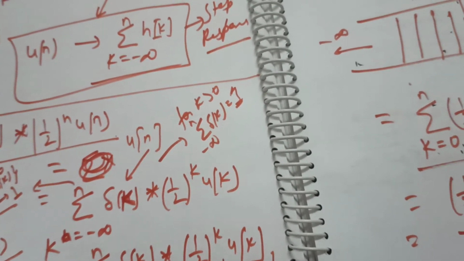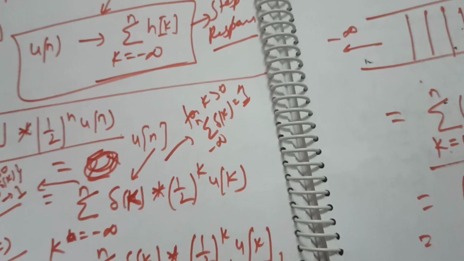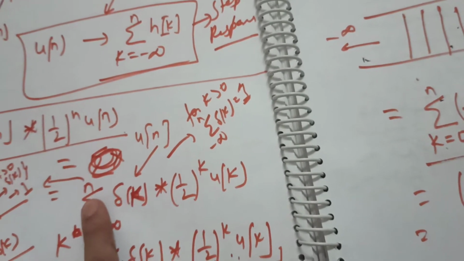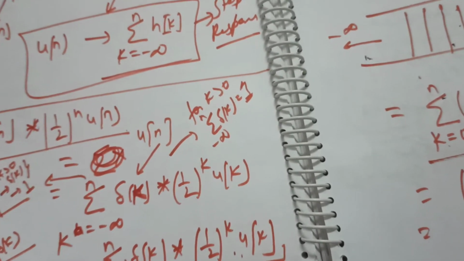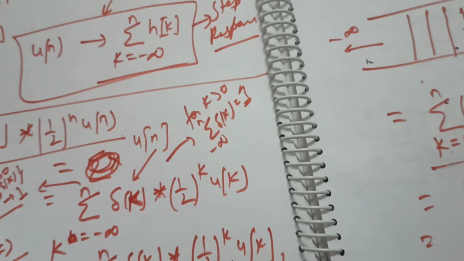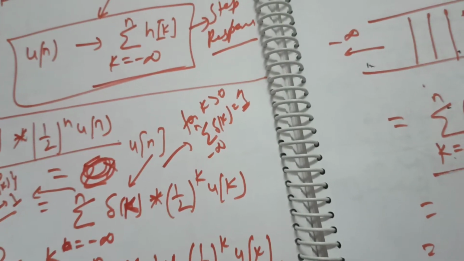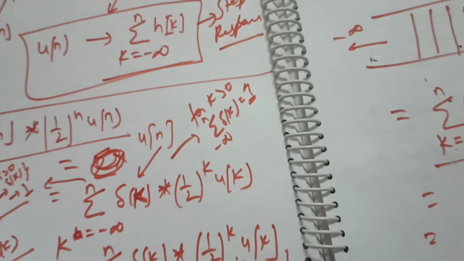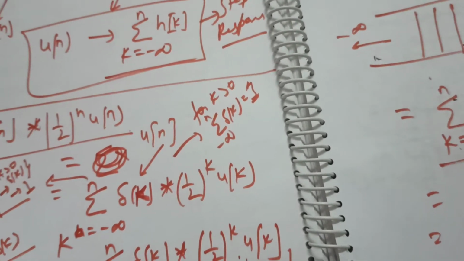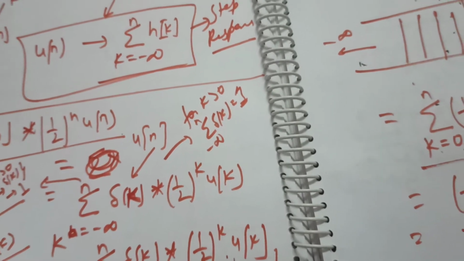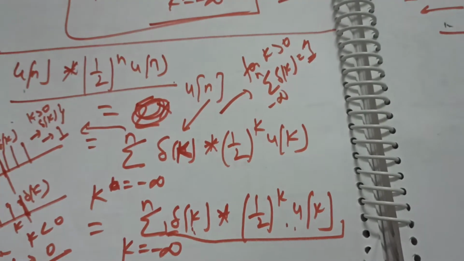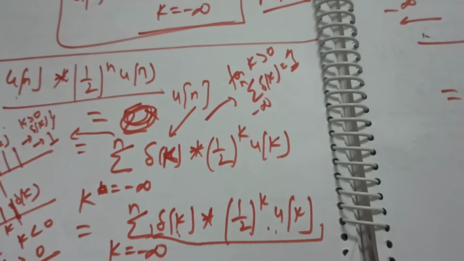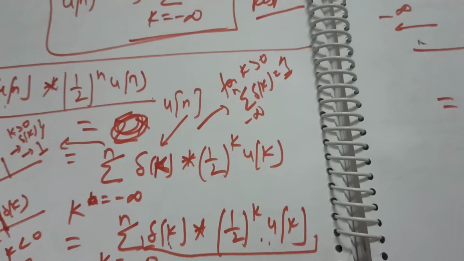So it will symbolize u[n]. Here k is varied from minus infinity to n, and whenever n is greater than 0, we can straight away say that this will include n equals 0, and subsequently that will be incorporated in the summation.